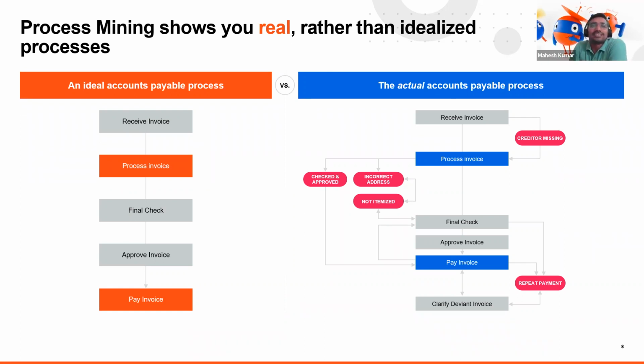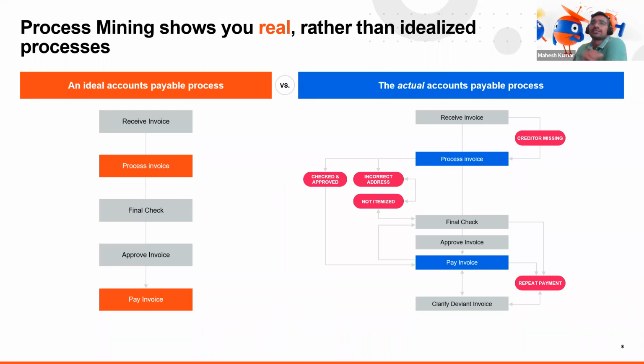Hopefully it would be that simple, but when we feed the actual data to process mining, it generates the graph which we see on the right side. It shows us that there are many hidden steps in between our actual happy paths.